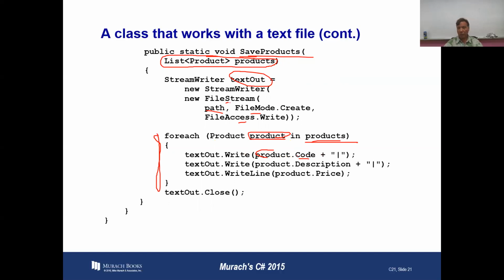It's a string, so just use it as a string. We append a vertical bar after it. Here we're delimiting the fields using these pipe characters, and then we are actually writing out these characters one character at a time. No line feeds. This is what writes out the line feed. So this writes the end of the line.